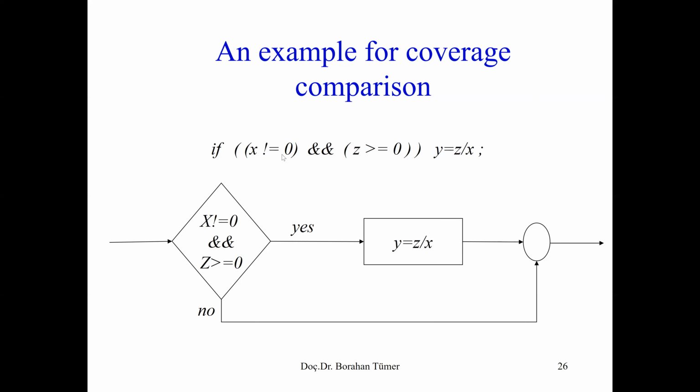If x is not equal to 0 and z is greater than or equal to 0, which is this decision structure, then y is equal to z over x. So if this is true, yes, then this statement is executed. If no, then the execution goes without executing this statement to that point.